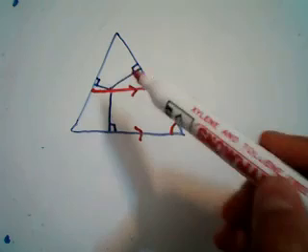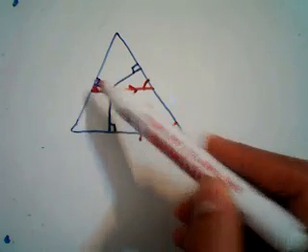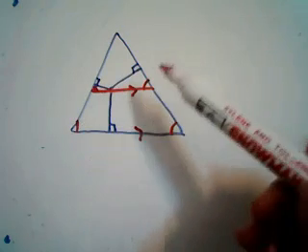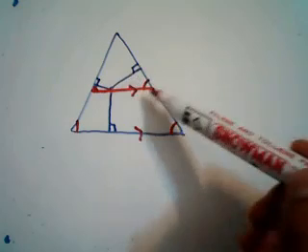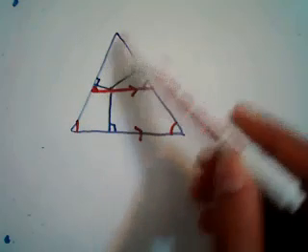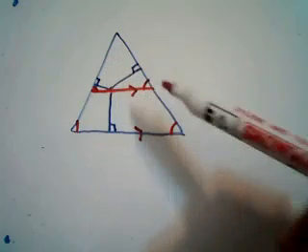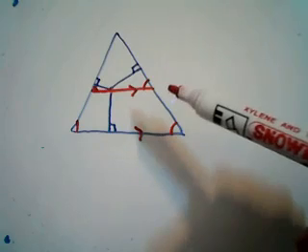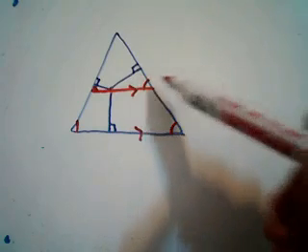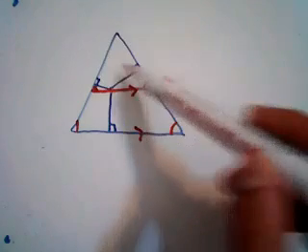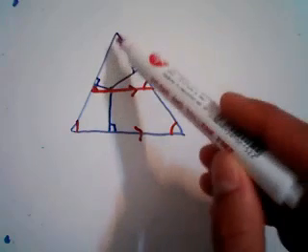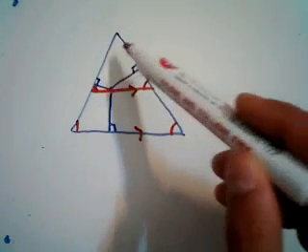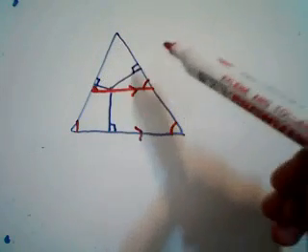This is equal to this. Again, here we have another equilateral triangle. As the angles are equal, the lengths should be equal also.